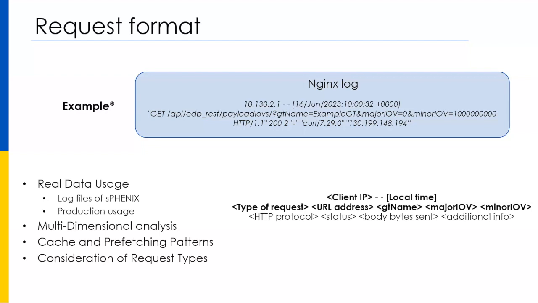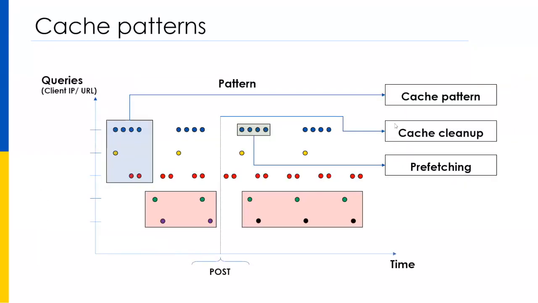Based on them, we're going to find the patterns of these requests, find the prefetching patterns, and we also need to understand how request types are implemented in the solution, because it's very important for us. On the screen, I can show a small visualization of how we see this work in a simple way.